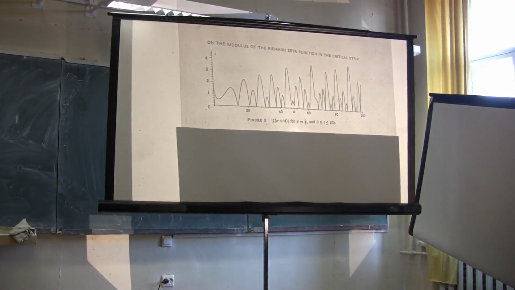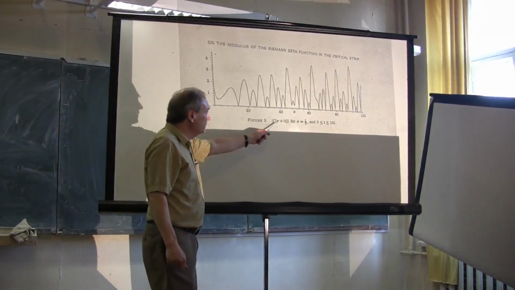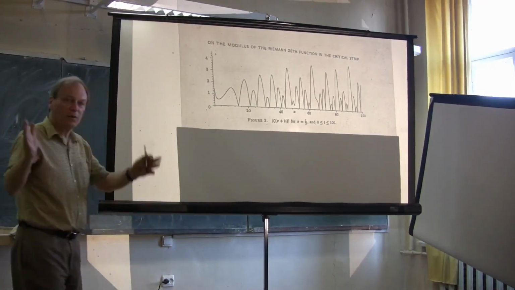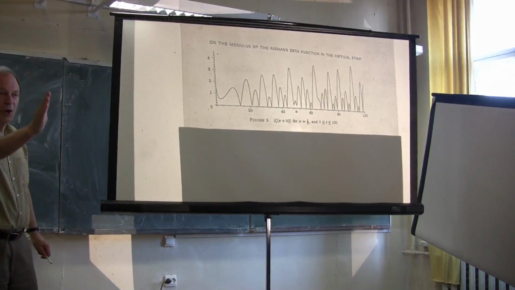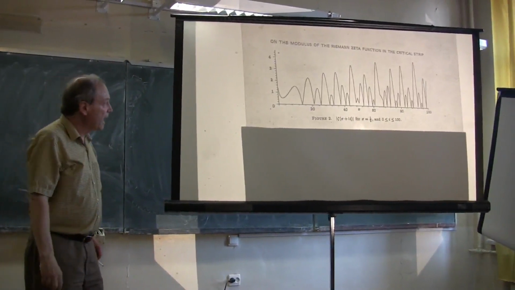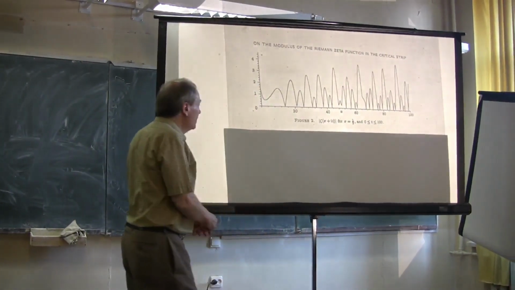Anyway, this is a very famous curve. It's the modulus of the Riemann zeta function. We fix sigma as 1/2. So this is exactly along what's called the critical line in the complex plane. The real part is 1/2, and t is going from 0 to 100.